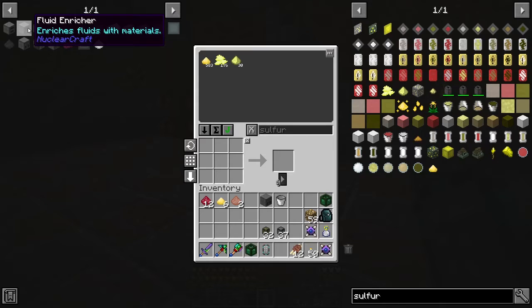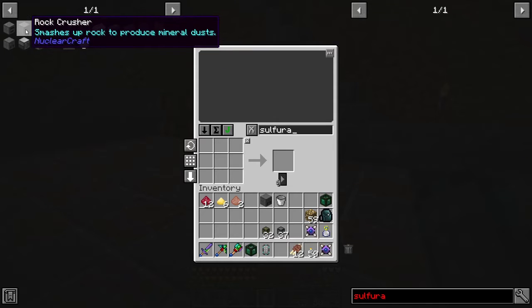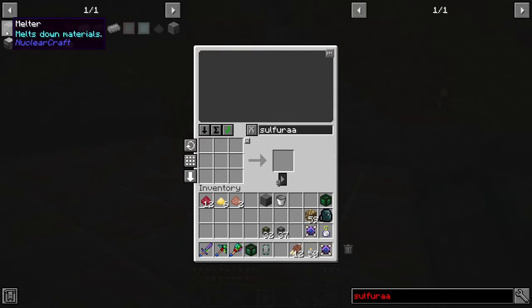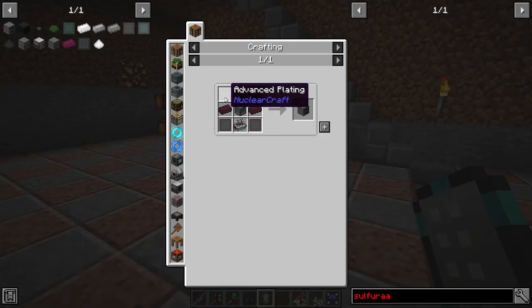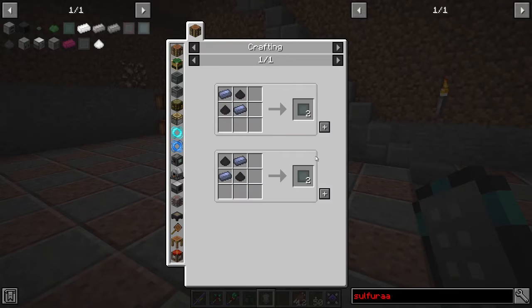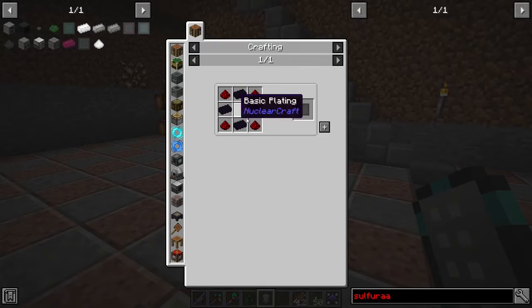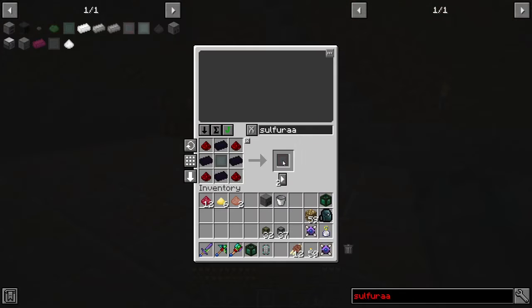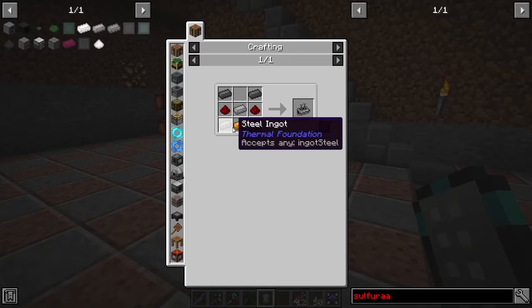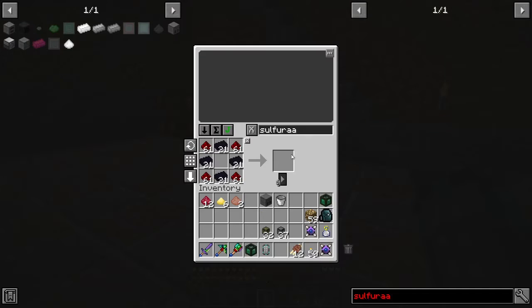Fluoride enricher, boom, got it. Rock crusher, got it. Melters, we need a melter. Advanced plating requires basic plating. 1, 2, 1, 2, 3, 4. We need one of these guys.